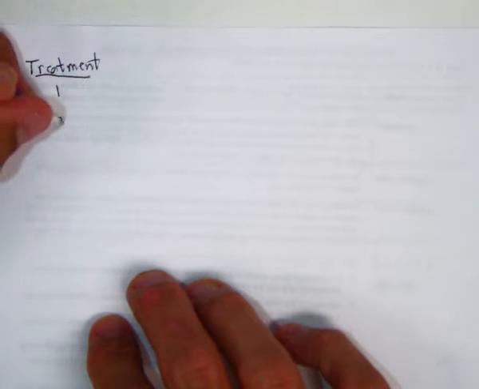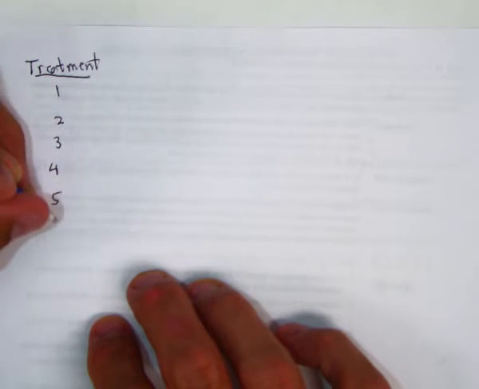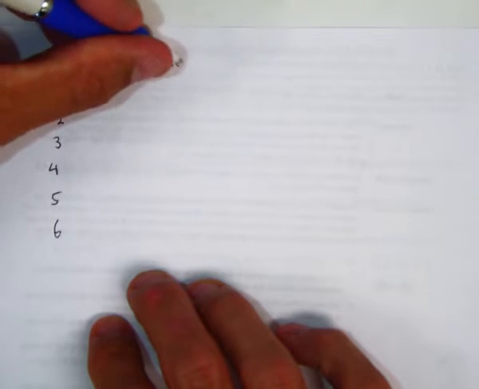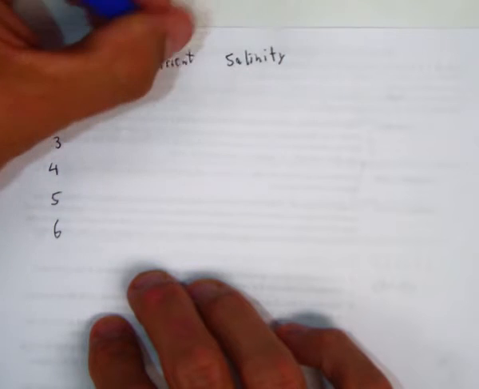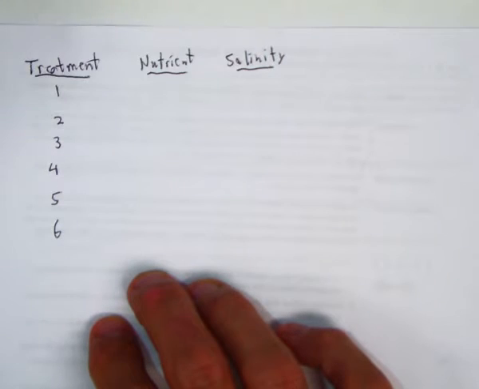So, we basically have 6 treatments. So, we have nutrient, and then salinity. Okay?